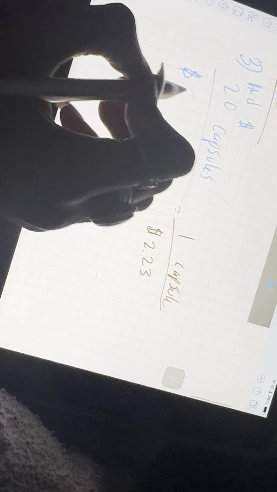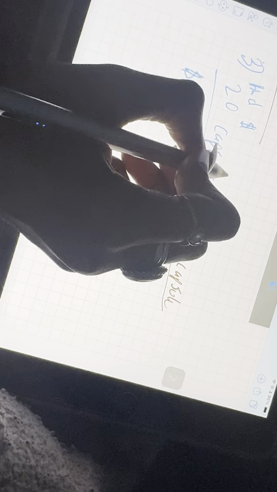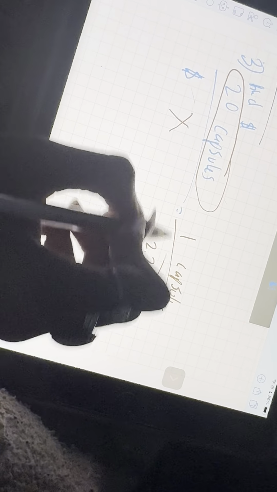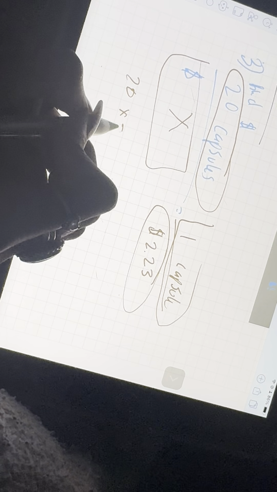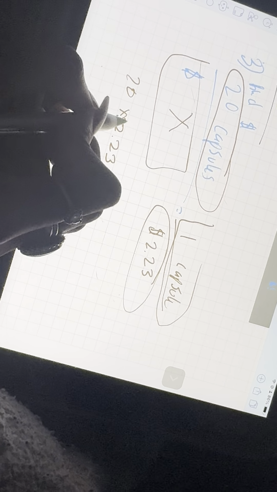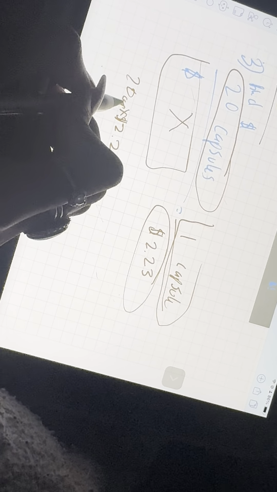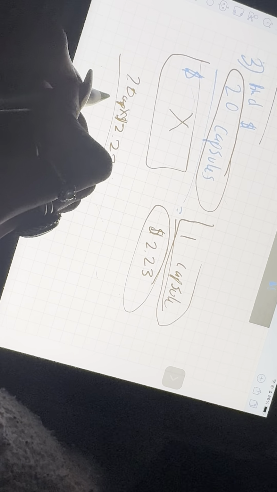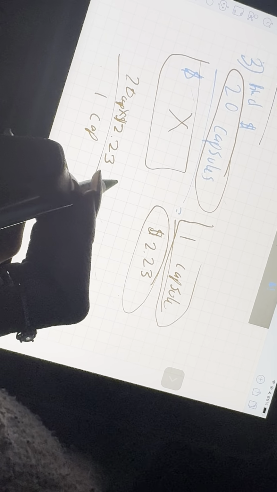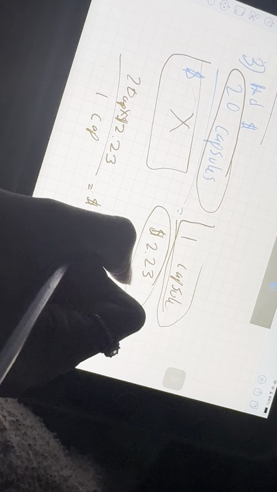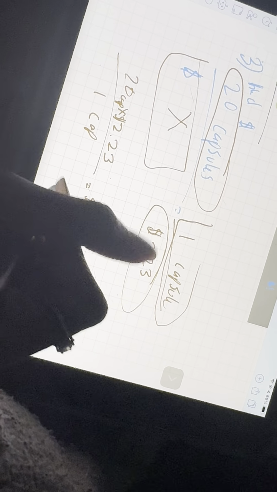And remember, this is X. So circles, circles, squares, squares. And that's going to be 20 times 2.23 divided by 1 cap, which equals $44.6. So this is the first ingredient.